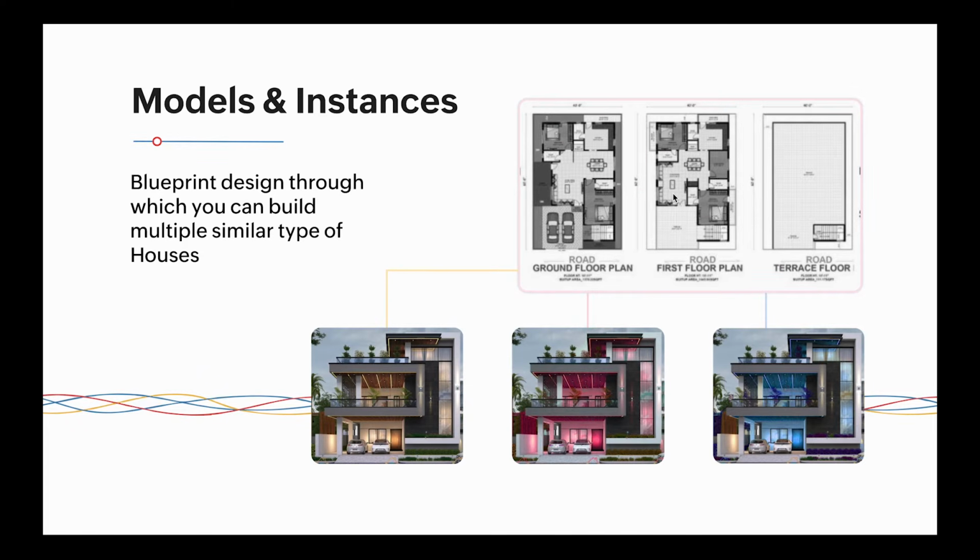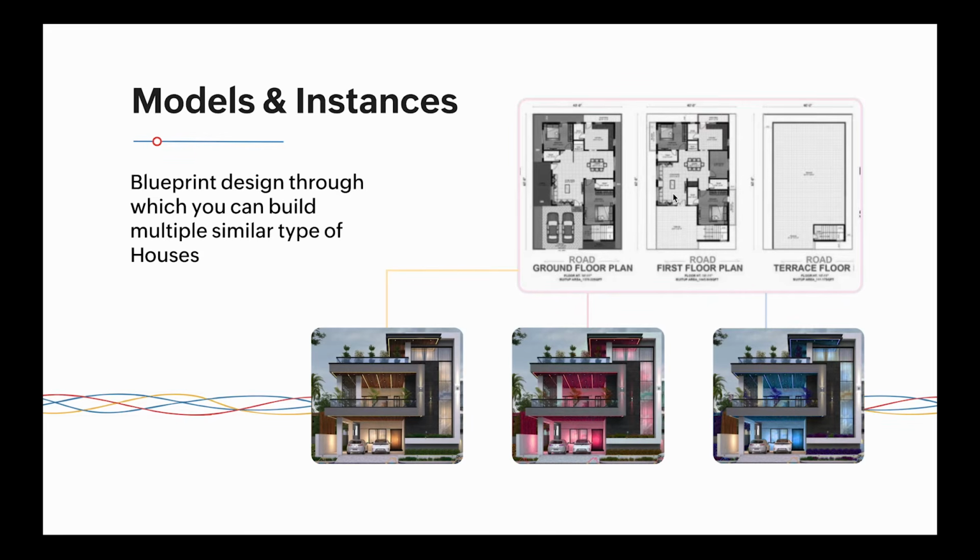Think of models as a blueprint, like a house design through which you can build multiple similar houses. In the context of a house design, you would have definitions about the number of rooms, the layout, the front view dimension, the top view dimension, and things like that.